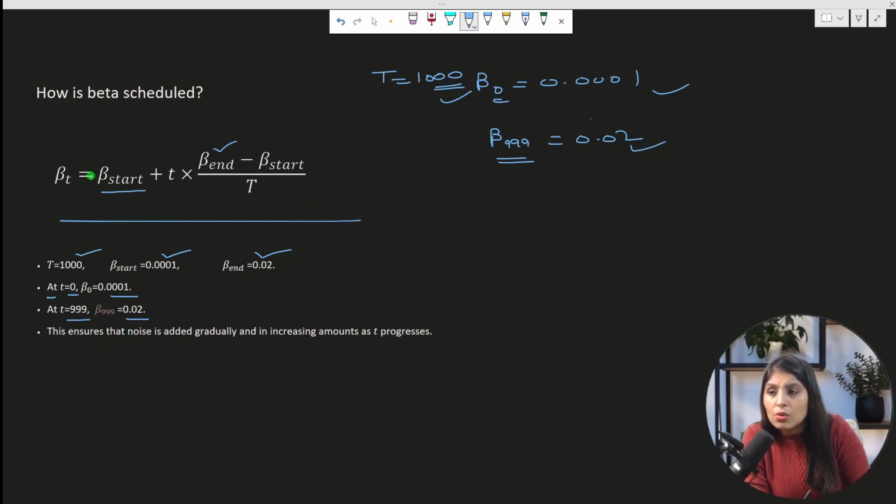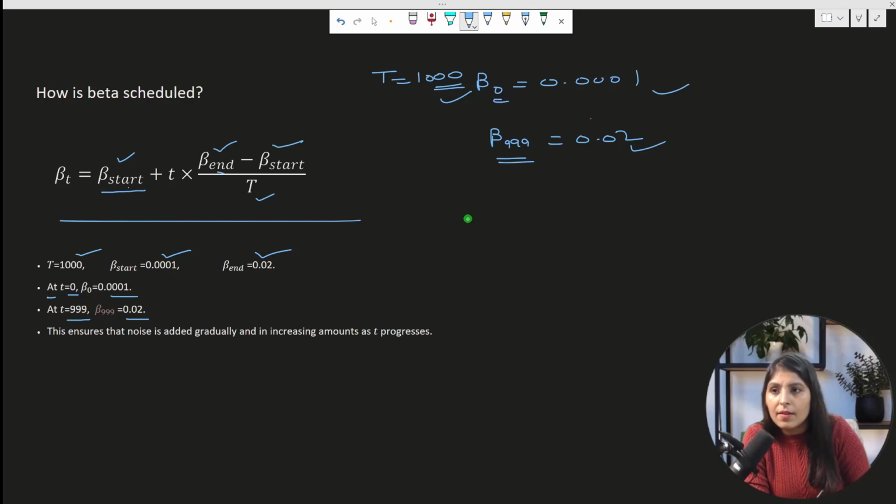Now we are going to use this formula for each time step and we will get the amount of noise added to it. Okay, so see, these values are going to be same for each time step: b start will be 0.0001, b end will be 0.02, t will be 1000.